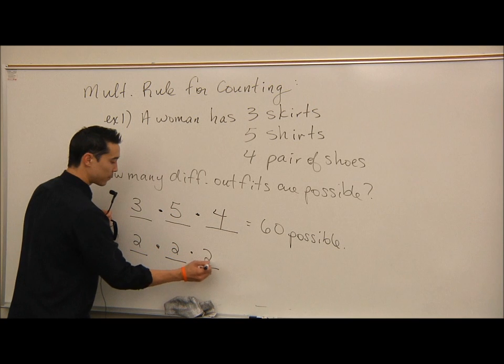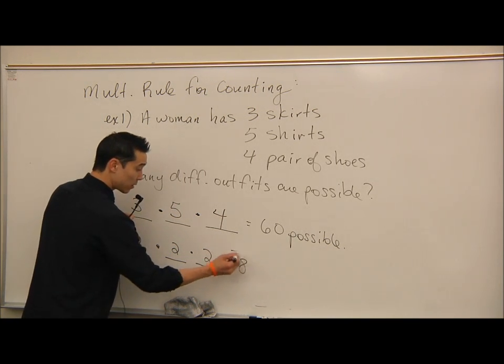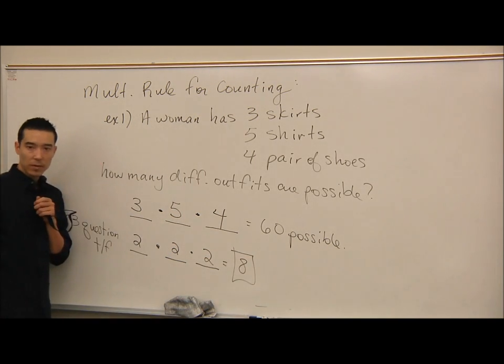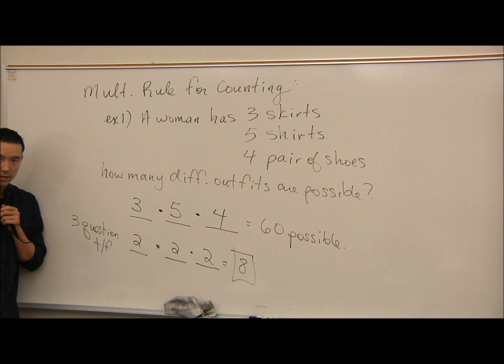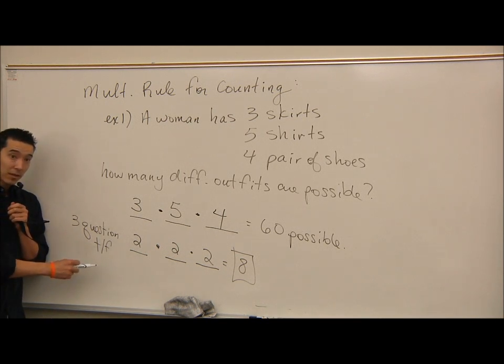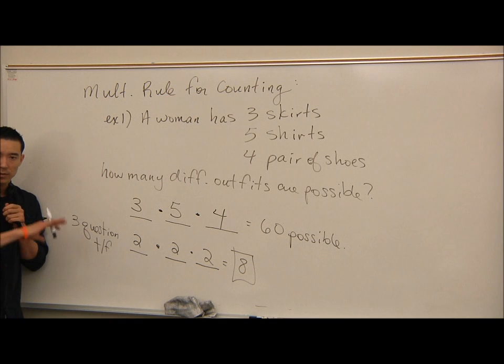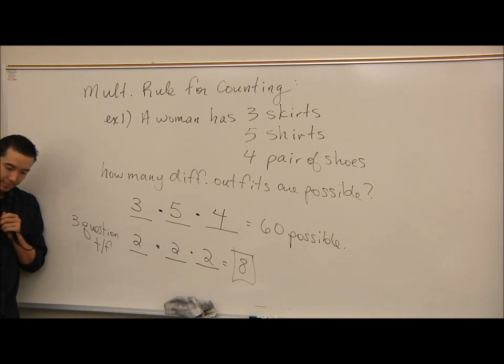Question number 3, 2. If you go back and look at your tree diagram, you should see that we came up with 8 possibilities. This is the formula that you want to use for flipping a coin 10 times. It's just 2 times 2 times 2 times 2 times 2, as opposed to trying to do a tree diagram to list everything.